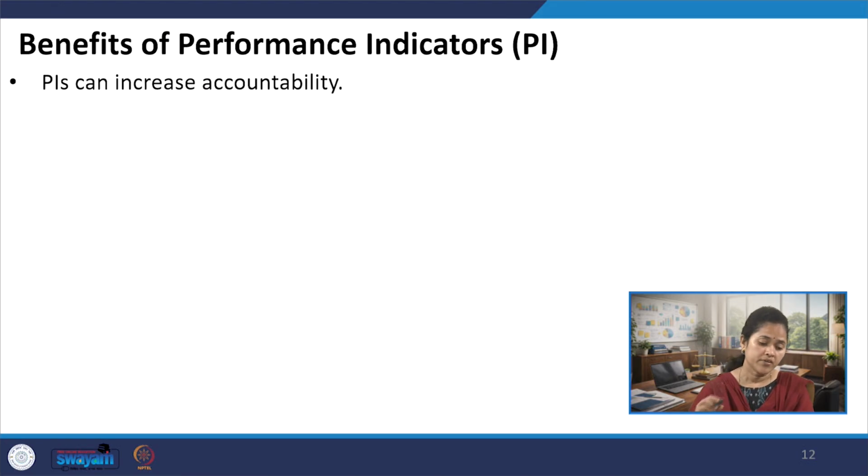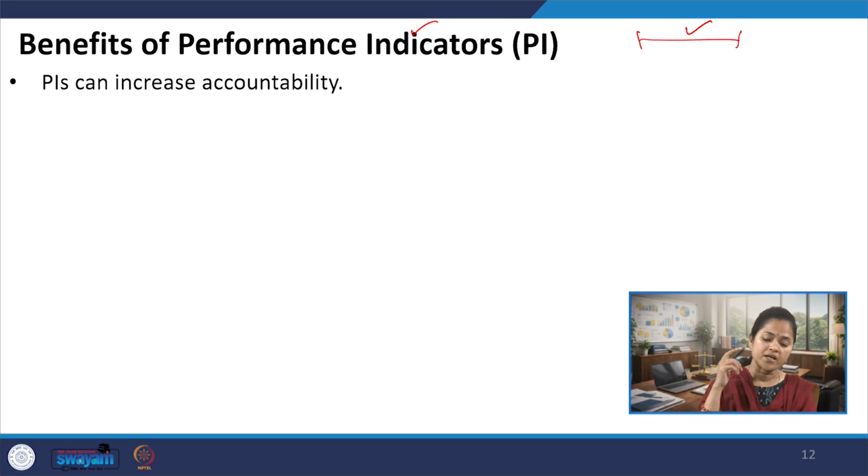Given this understanding, the last part that we need to highlight is the benefit of these performance indicators. If you have to identify whether the policy implementation is a success or a failure or needs any kind of change or intervention, we have to take into account some kinds of indicators. Those are known as the performance indicators.